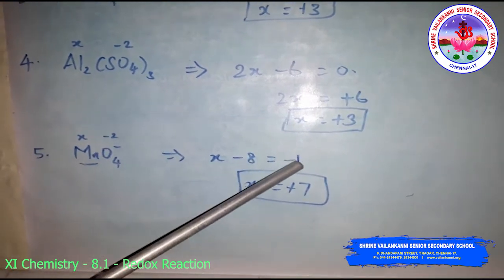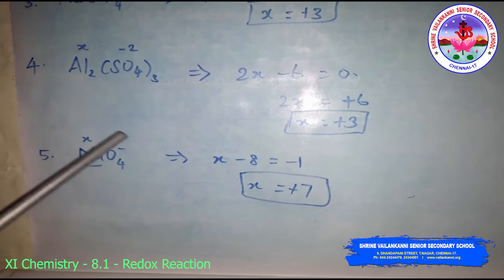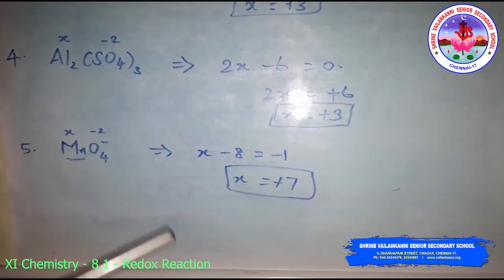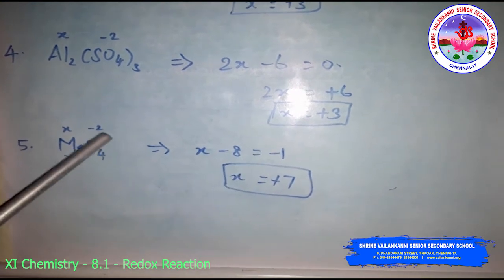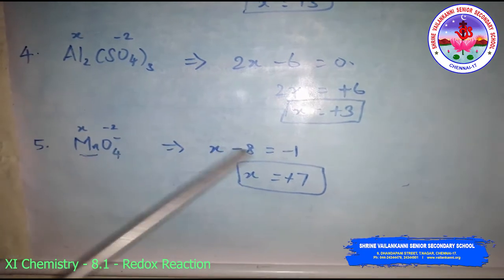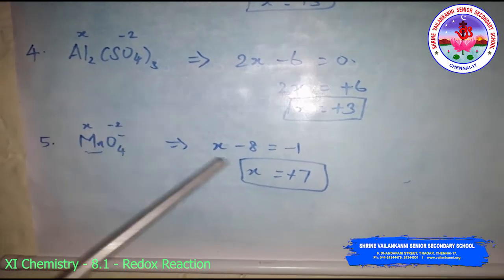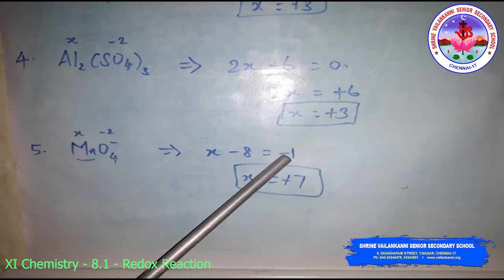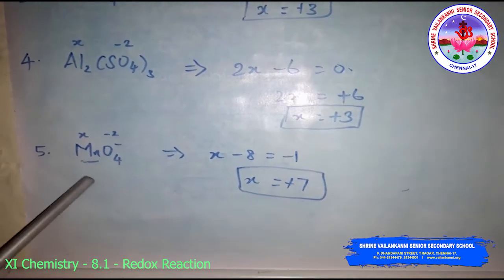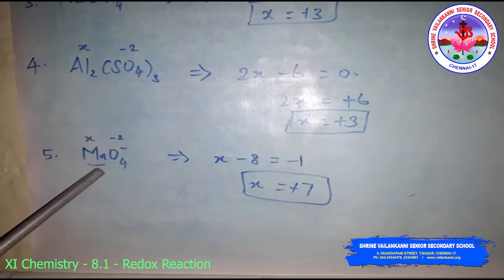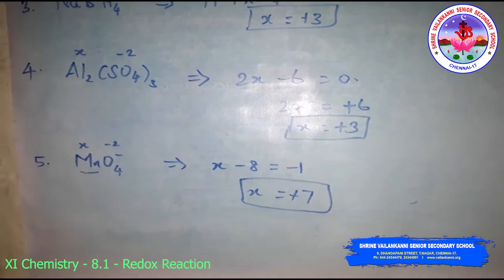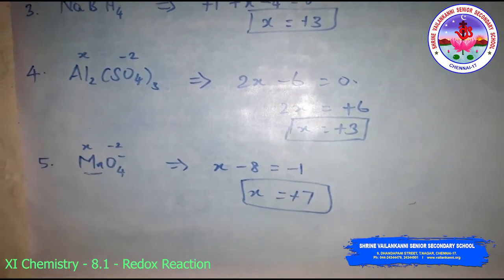Just put -1 after the equals sign. Whatever the charge is, plus or minus, you have to put that; where there is no charge, you have to put 0. Since the charge is given, you must indicate it here, so I put -1. So now x is equal to +7. Here the manganese oxidation state is +7.